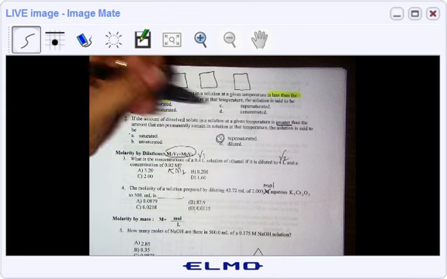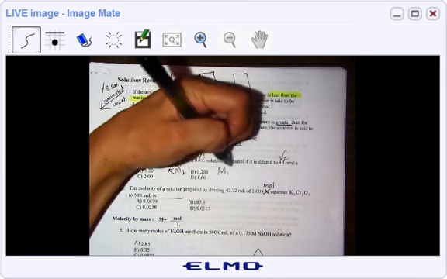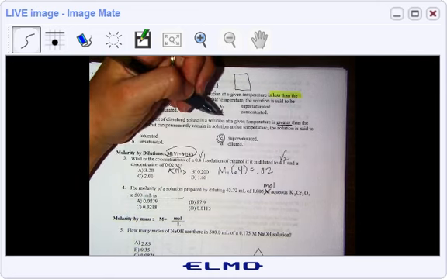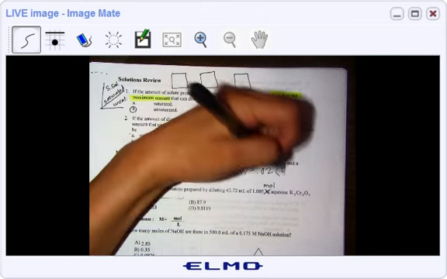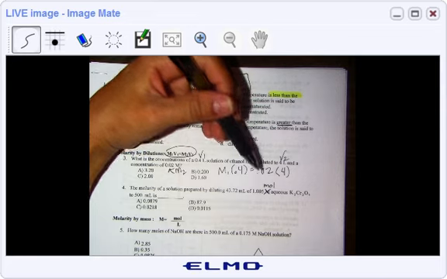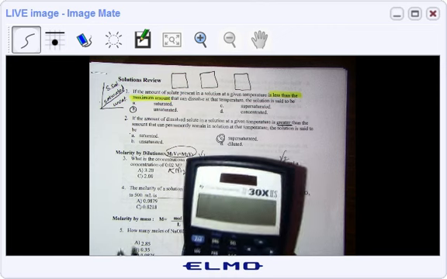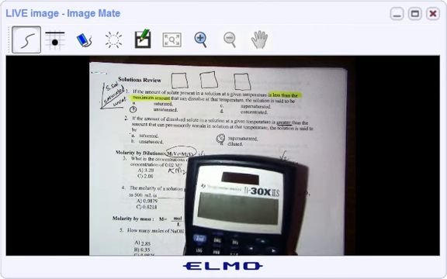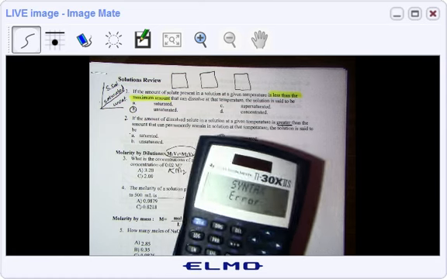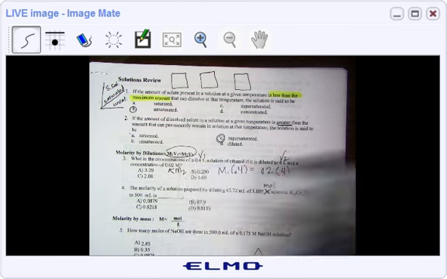So I'm going to plug everything in. M1 I don't have. To solve for this, it's 4 times 0.02, which is 0.08.